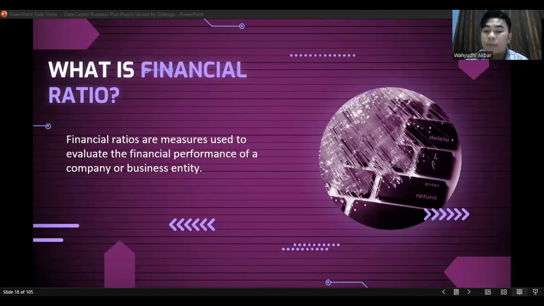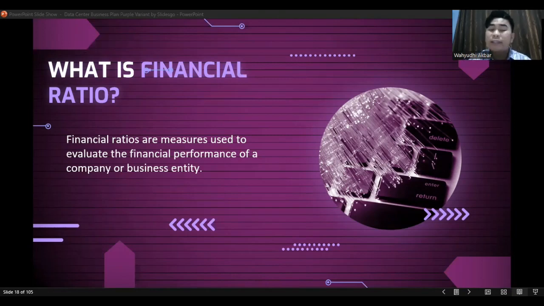Financial ratios describe the relationship between various items in financial statements, such as balance sheets and income statements, and help in analyzing certain aspects of a company's financial health.